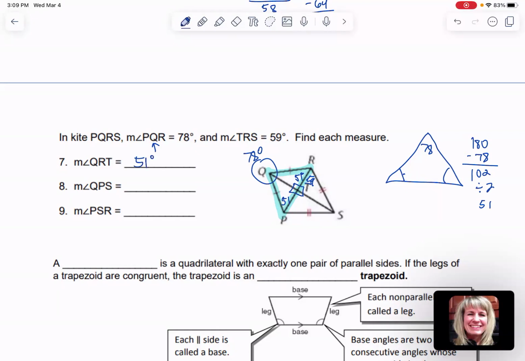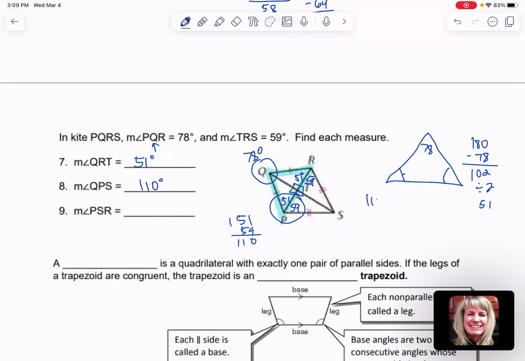Angle QPS, which would be this whole big angle right here. They told me that one over there was 59. This will be 59 as well. And so 51 plus 59 gives me 110 degrees. And then PSR, again, those angles in that quadrilateral have to add up to be 360 because it's a quadrilateral.